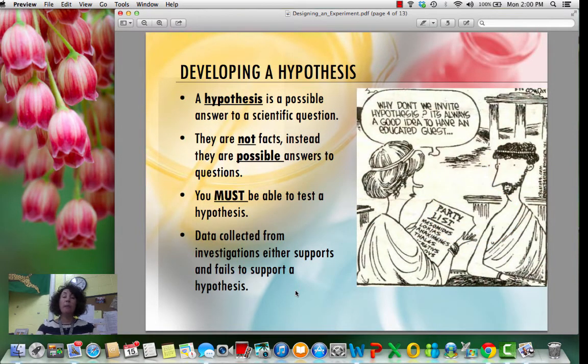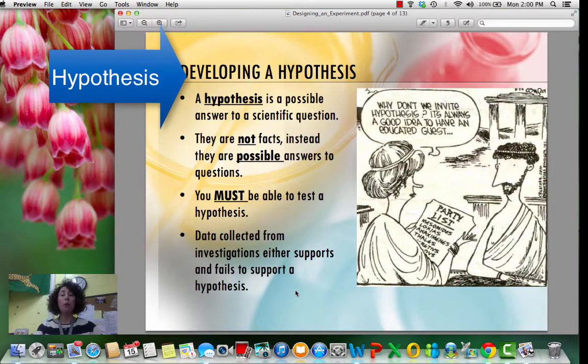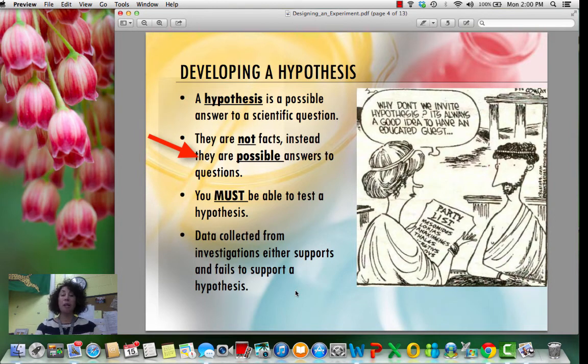Now, you've got to develop a hypothesis. The great thing about that hypothesis is it is an answer to that question. It's not a fact. It's a possible answer. But you have to make sure that it's also something that you can test.